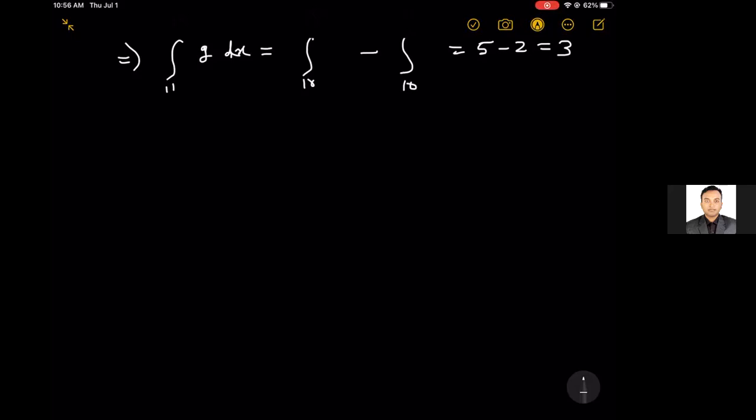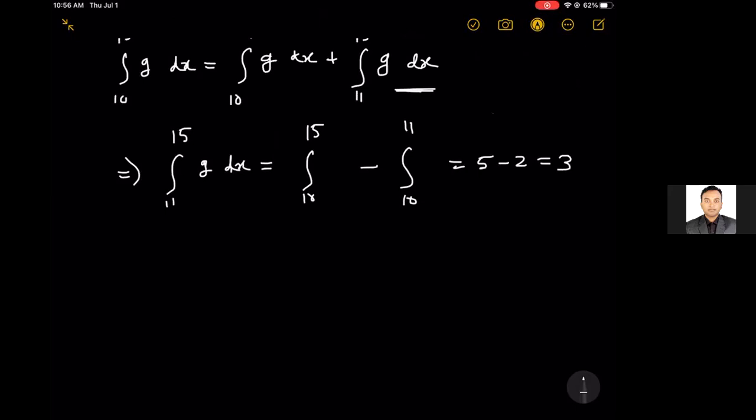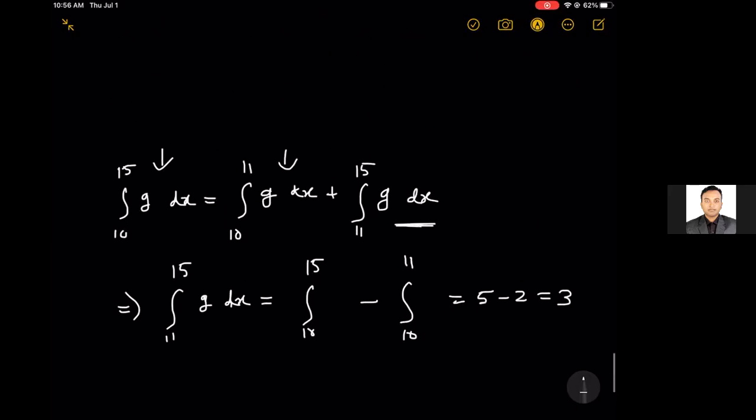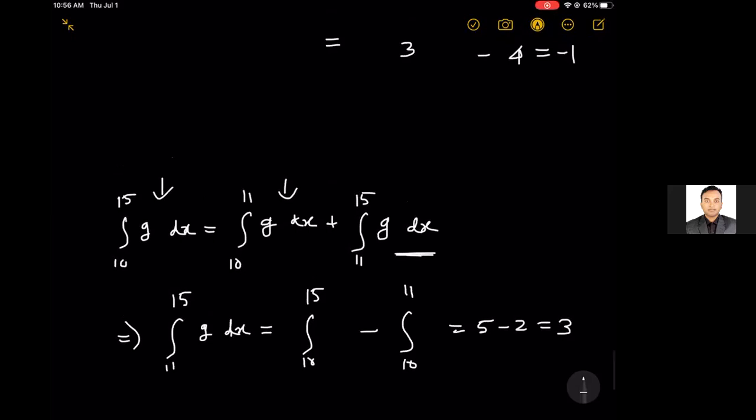Now, how confident are you for the next exam? Give me your honest opinion. If you have questions of these four types, which we have already seen today, do you think it's doable? It shouldn't be a problem. All of you, don't hesitate.